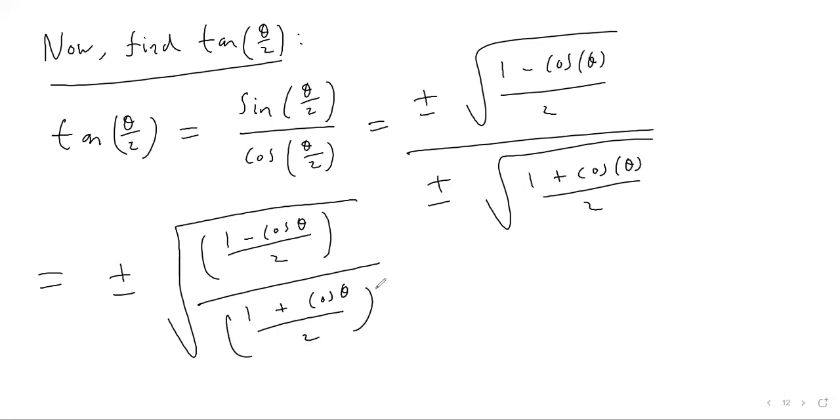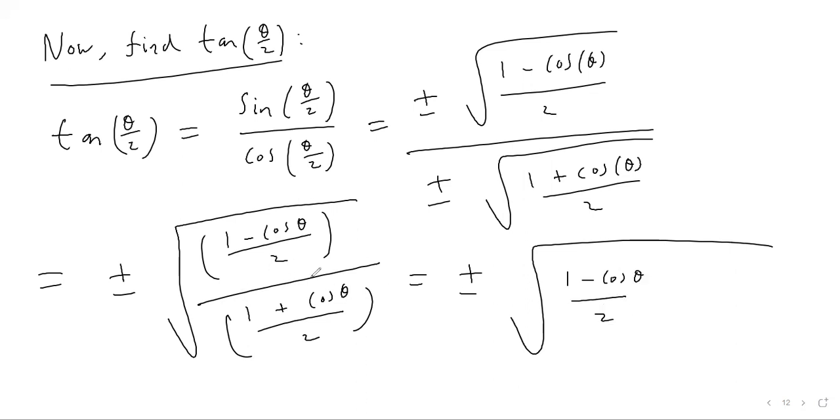So when we divide fractions, remember, keep, change, flip. So this is just the same as plus or minus the square root of, keeping my first fraction, 1 minus cos theta over 2, change this big division there by a times sign, and then flip this last fraction over, so 2 over 1 plus cos theta.